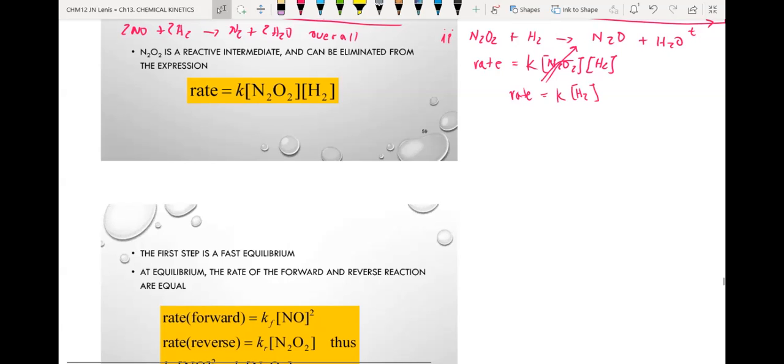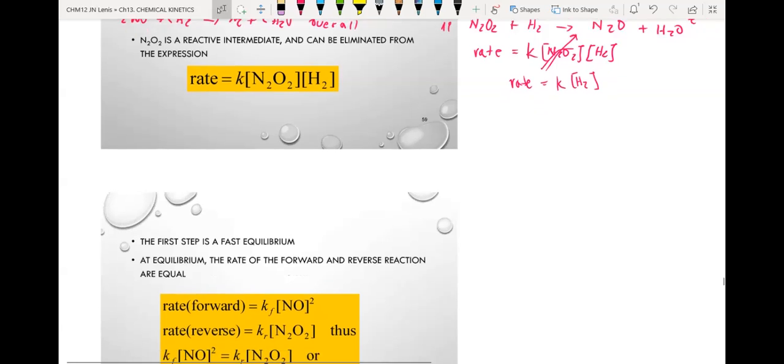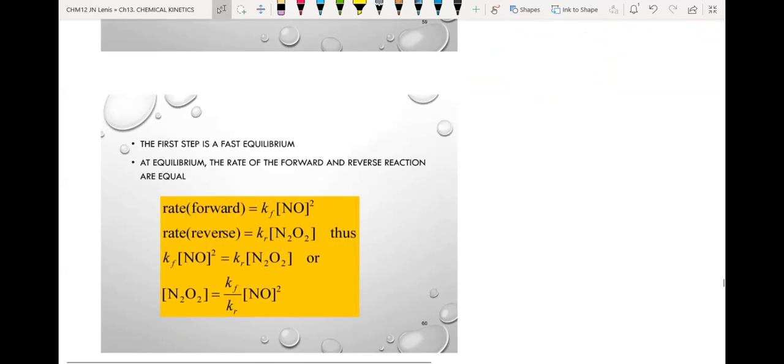So it shows that it's first order with respect to H2.